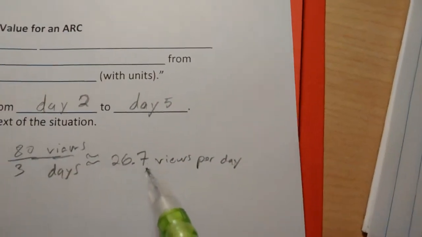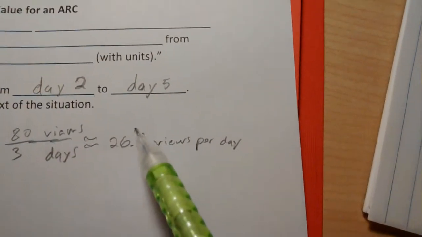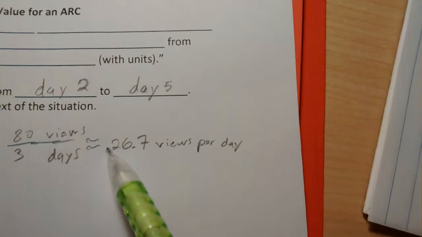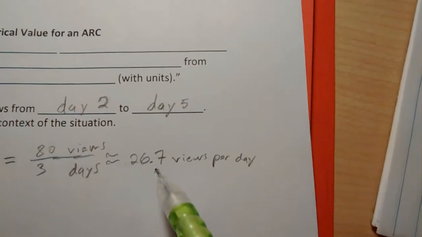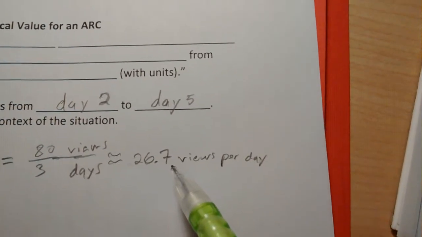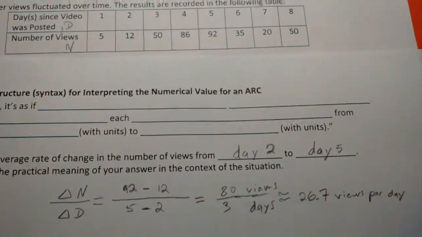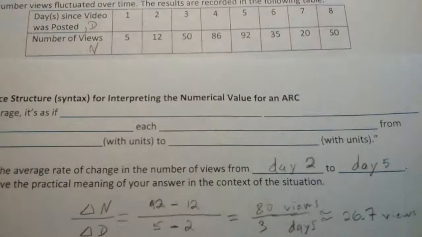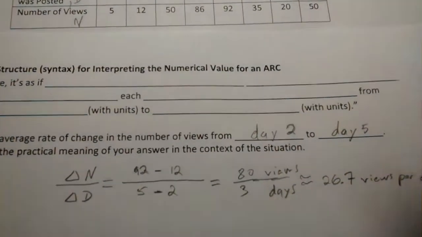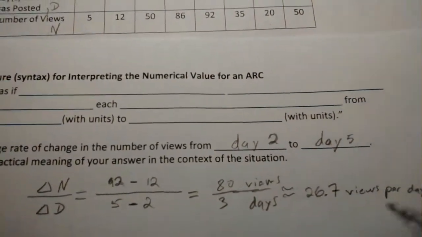So here's the meaning. It's as if every day the number of views increased, positive, by 26.7. Every day in between that time period. So your book will emphasize delta notation. I just want to say a word about that here in a minute, and then give you a complete sentence for this.